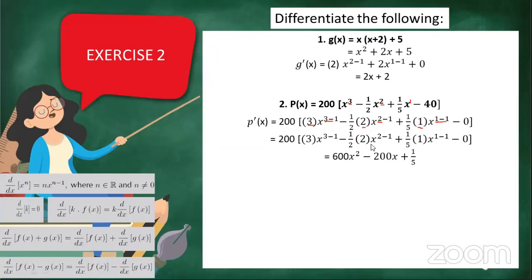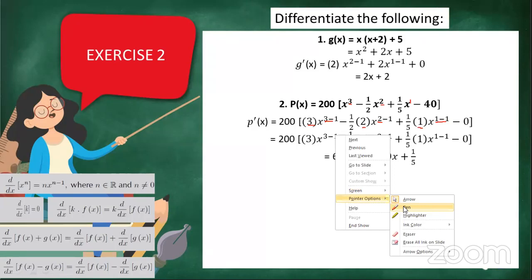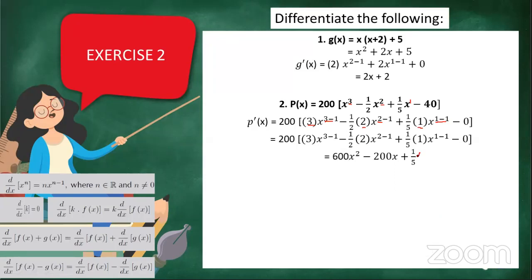And then this is supposed to be what? Times 200. Did you see that? So here we're supposed to have 200.